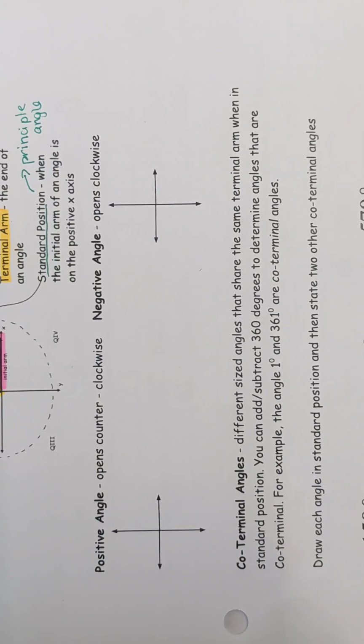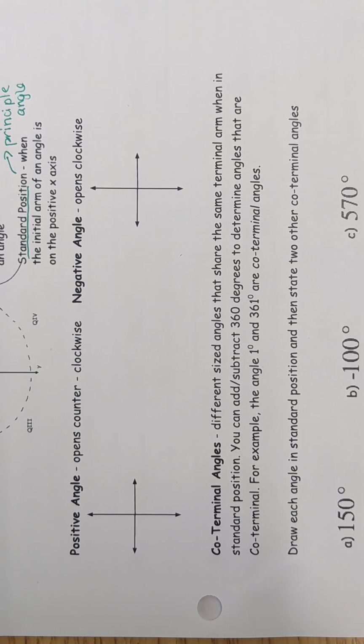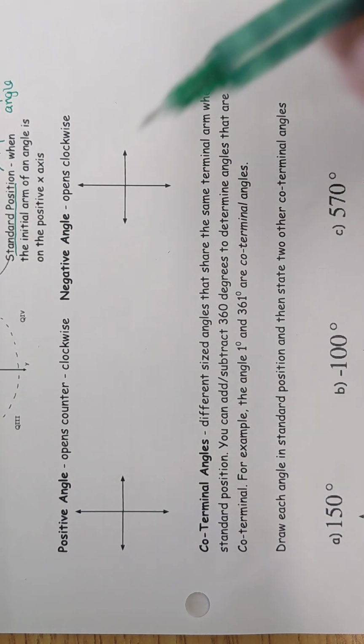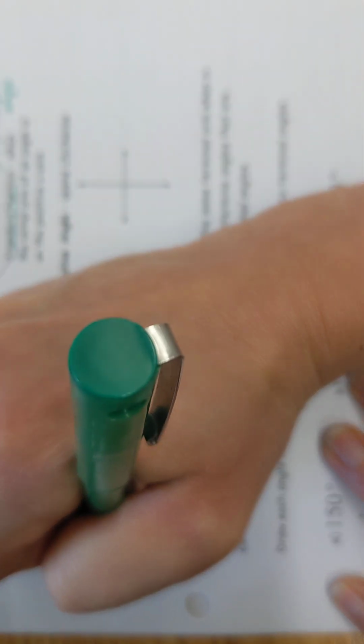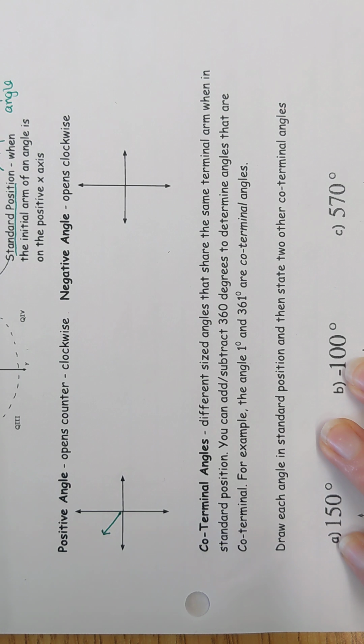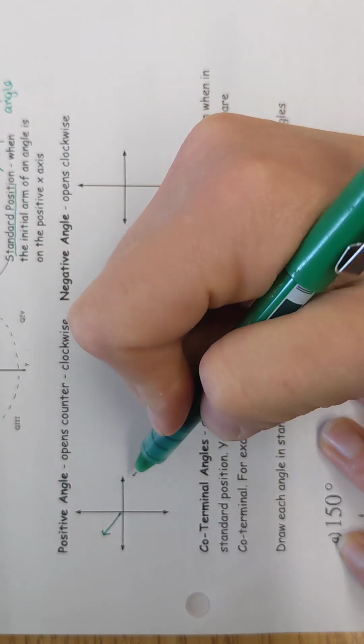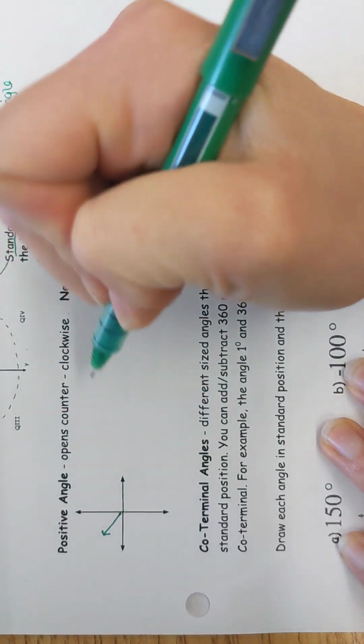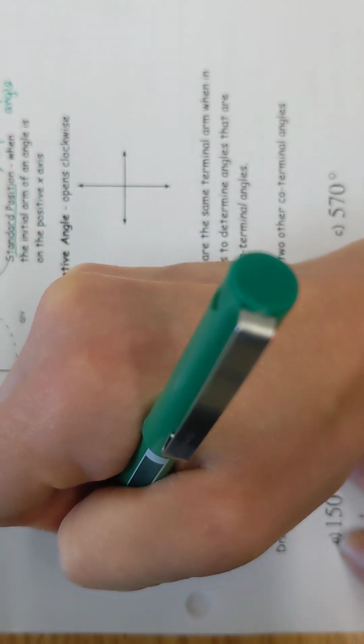There are two different ways that we can create an angle. The first way is a positive angle. This would be an angle that opens in the positive direction. So I'm just going to throw an angle right there, and I'm going to say that this is opening in the positive direction, which means, as a review, this is quadrant 1, 2, 3, and 4.